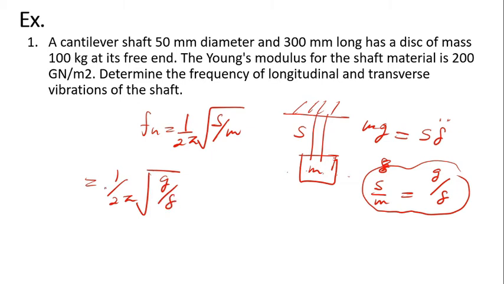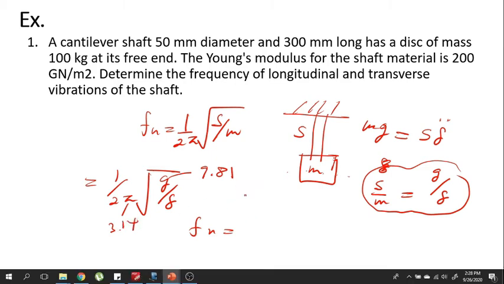Now we know the value of g, right? g is 9.81. Then we know the value of pi as well. Therefore, by substituting these values, we can get a relationship. It reduces to 0.4985 over square root of delta. Okay.